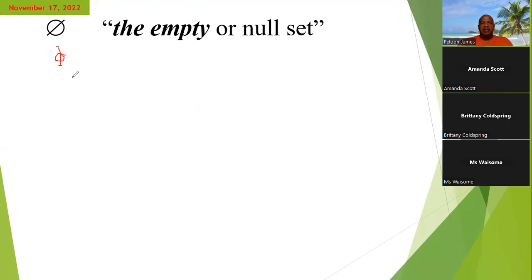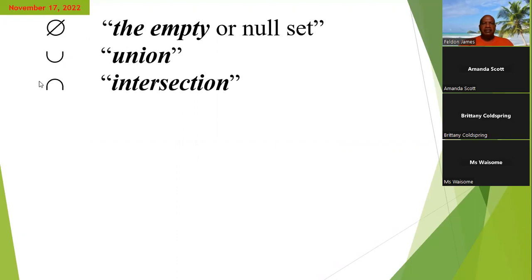And that's how it really looks. But for the purpose of representing this, we use this symbol that seems pretty close. So when you see this symbol, which is phi, it represents the empty or null set. That indicates when you have a set which has no member at all in it.